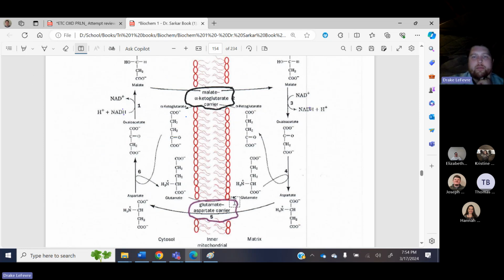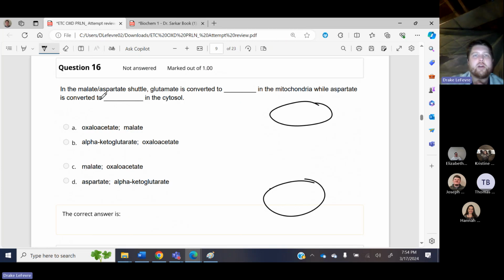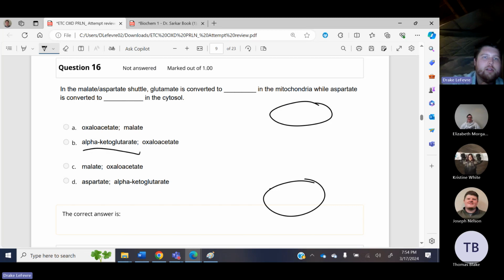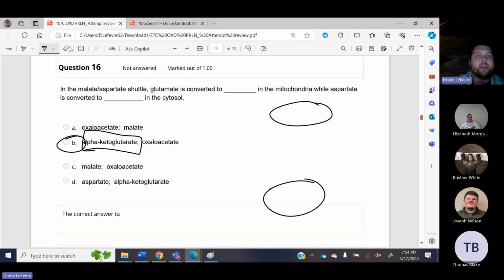Glutamate's coming in, right? Glutamate gets converted to alpha ketoglutarate. Here in the inner circle, it gets across, converted back to glutamate, all the way around. So this first part, glutamate, is converted to alpha ketoglutarate. So right away, we know B is our answer because no other choice has alpha ketoglutarate.